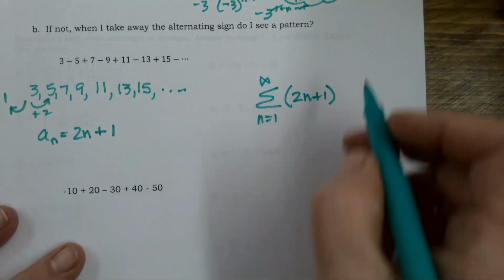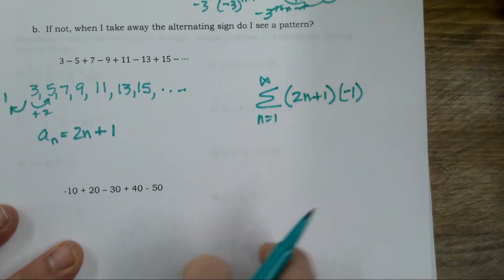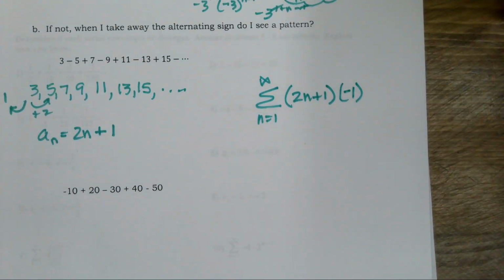So great, -1. If I leave -1 there, what's going to happen in my sequence? Everything will be negative. I don't want that to happen. So I need to make sure that it alternates from positive to negative to positive to negative.